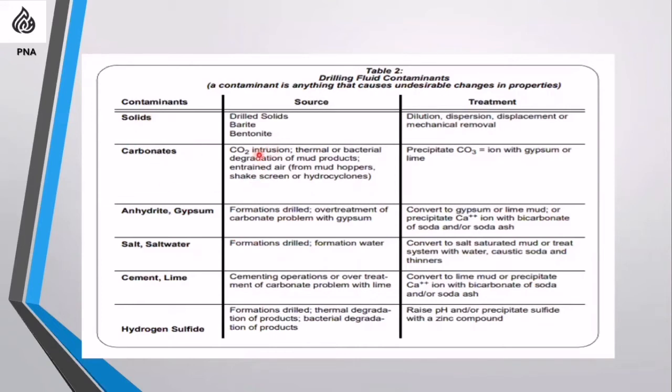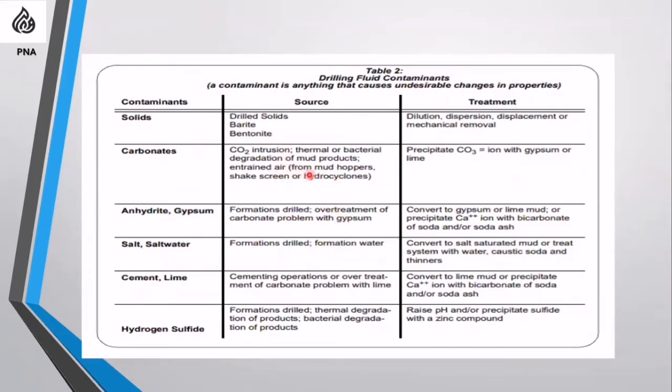Carbonates: it's mainly CO2. Sources of CO2: sometimes we find CO2 as gas in the formation, or it comes from thermal or bacterial degradation of mud products.